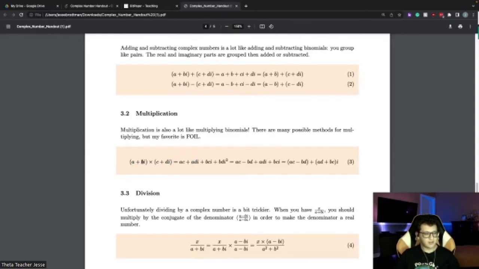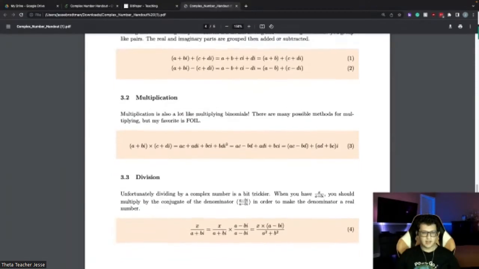Then inside, so bi times c, that would be right here. And then last, we have bi times di, which is bd i squared. But what did we say earlier about i squared? Well, it turns out that this i squared is actually negative 1, which is why this becomes ac minus bd. But then we still have our i's with the ad and bc. So altogether, this becomes ac minus bd plus ad plus bc times i.